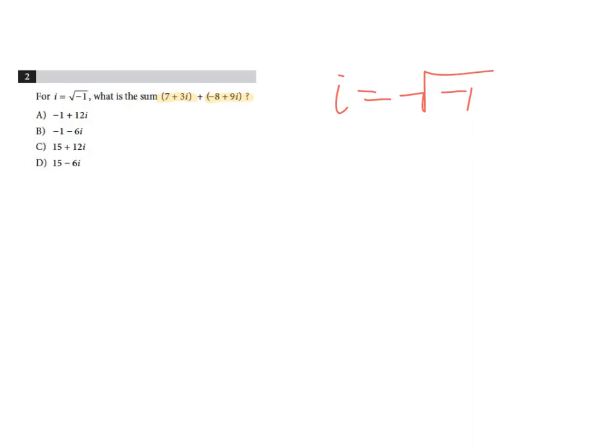We're just combining like terms. So if we're adding 7 and -8, we're going to have -1. If we're adding 3i and 9i, we're going to have 12i. So that's pretty straightforward. Our answer is going to be -1 plus 12i.